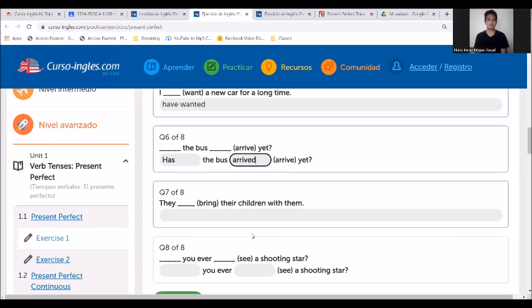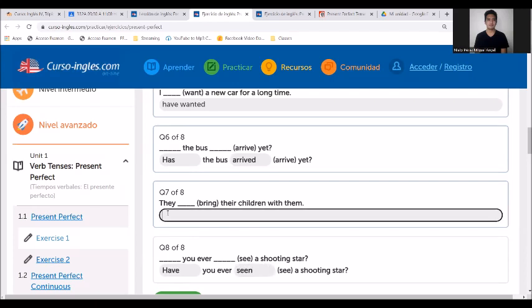Yes. Has you ever saw a shooting star? Right, be careful. That's number 8. And it's have you ever seen? Remember, you're using the participle form. Again, Miguel. Have you ever seen a shooting star?